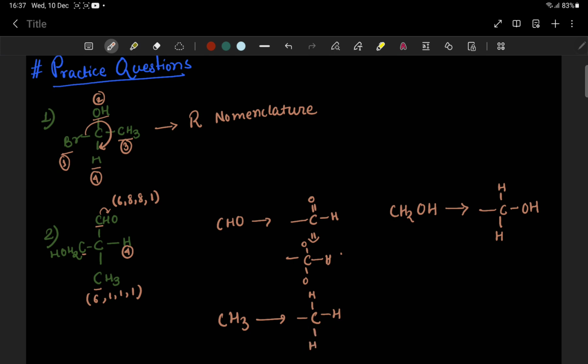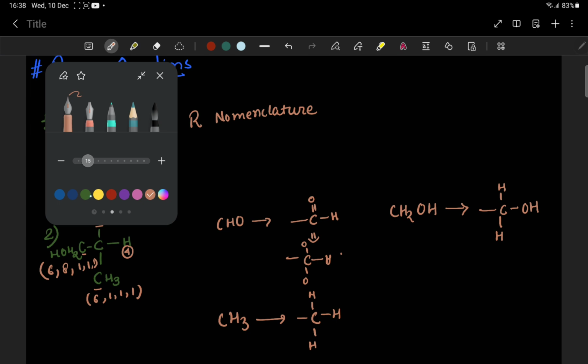Here you can see the complexity. The complexity will tell you how it's going to happen, and in this case it will continue 6 comma 8 comma 1 comma 1 comma 1. So this is the whole thing. You can see how the numberings are given. So clearly now you can mark which one you need.